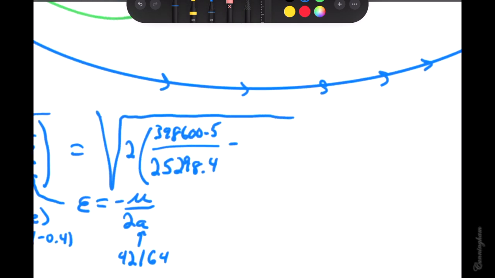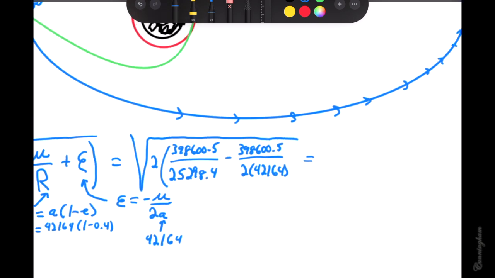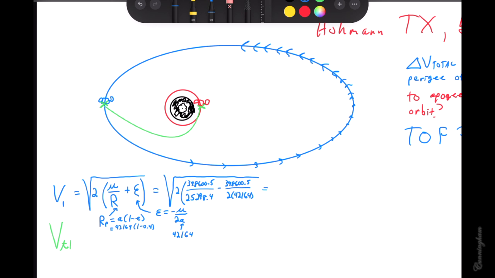Minus, I'm going to zoom in a little more even, 398600.5 over 2 times a, which again, a is 42,164, because we haven't entered the transfer orbit yet. Still in the first ellipse. Now we get to do mathematics, which is always fun.